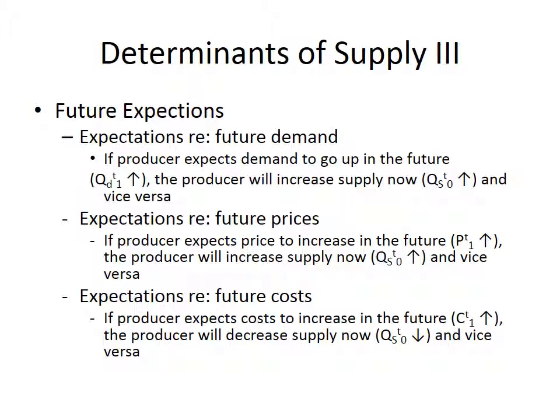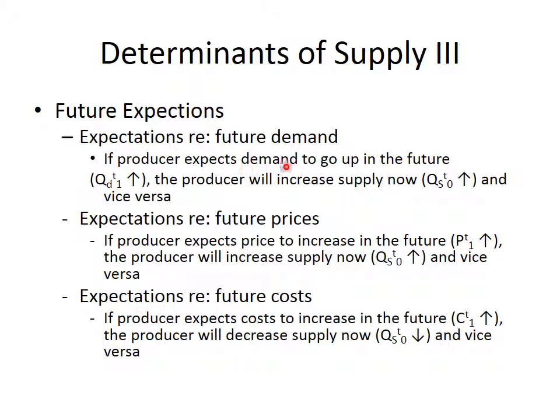We have an antecedent. If you remember when we talked about demand, we talked about future expectations, okay? We have the same thing with supply, and like the one with demand, it becomes a self-fulfilling prophecy. Now, let's look at the expectations of the suppliers and how that's going to shift the supply curve. The first expectation is future demand. If we expect demand will go up in the future, we have this time lag variable.